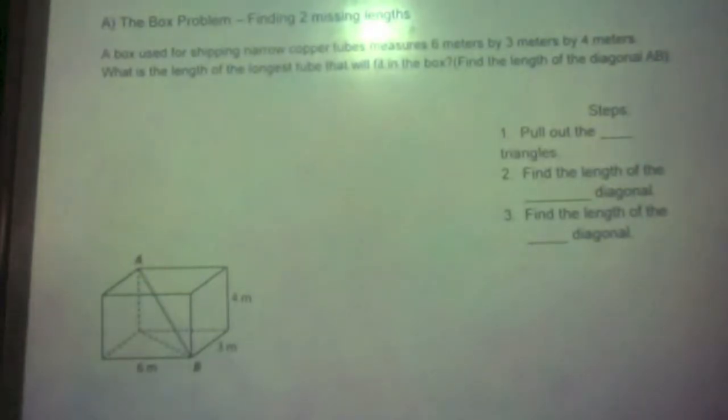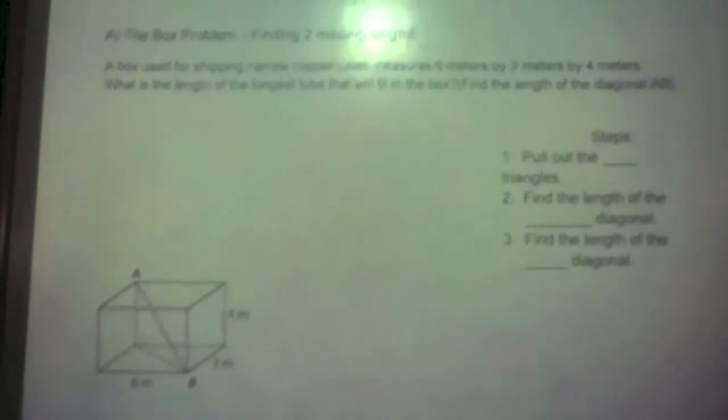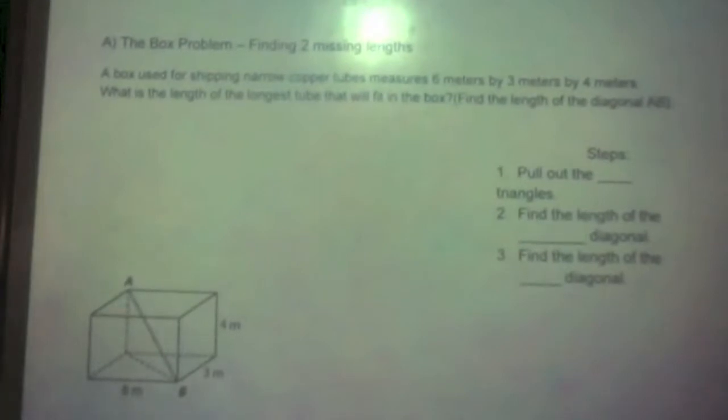So let's check out what we have here. We have this box, and it is used for shipping narrow copper tubes. The box measures 6 meters by 3 meters by 4 meters. I have that labeled here for us. And we want to know what is the length of the longest tube that will fit in the box.